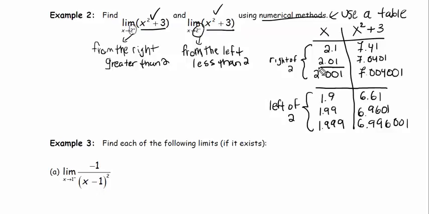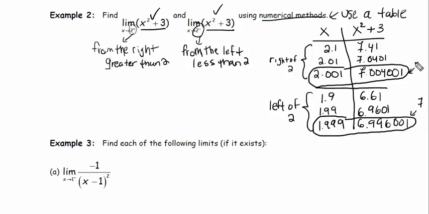And I see that the closer I get to 2 without actually substituting 2 in, the value I'm getting is getting really close to 7. So both of these limits end up being 7. Alright, so that's all I mean by numerical methods.